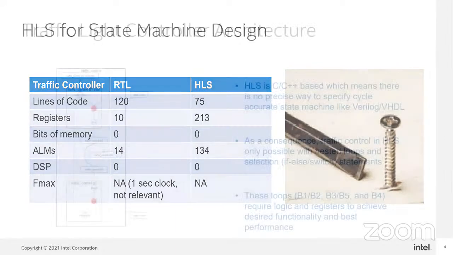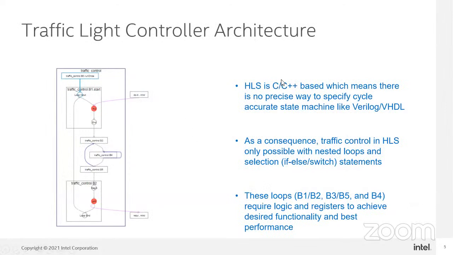The first reason is HLS is C or C++ based, which means there is no precise way to specify a cycle accurate state machine like Verilog or VHDL. Therefore, it is definitely tough for us to take the case forward. Really tough. Why?